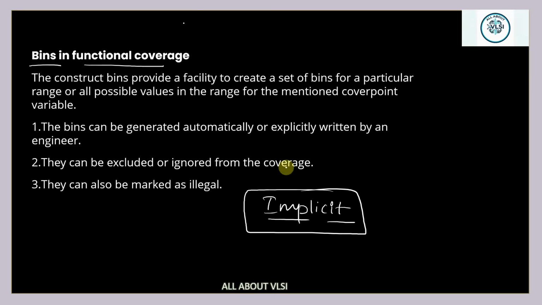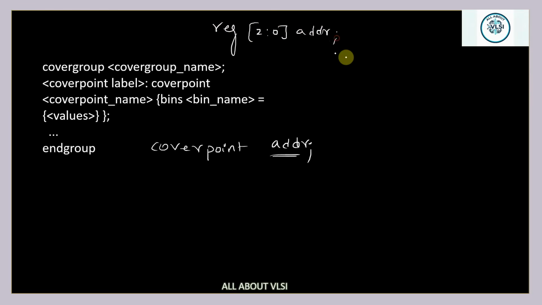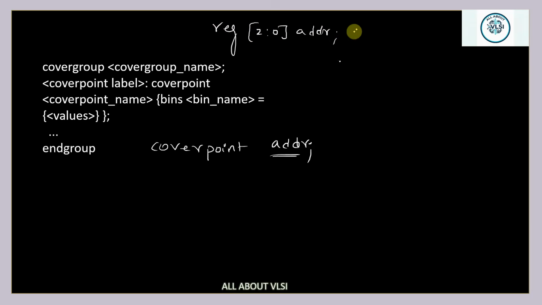Let's say I have a particular cover point on address. Basically, I'm focusing on this address, which is declared as 2 down to 0. What happens here is, how many bins will the tool create? The tool will create 2 power n bins, where n is the variable width, the number of bits.